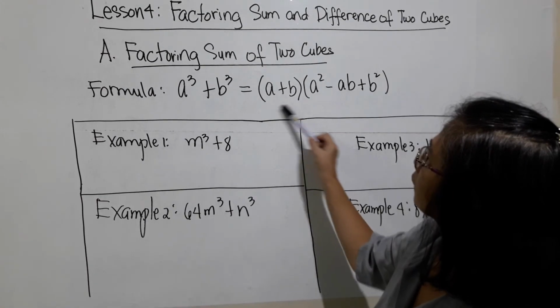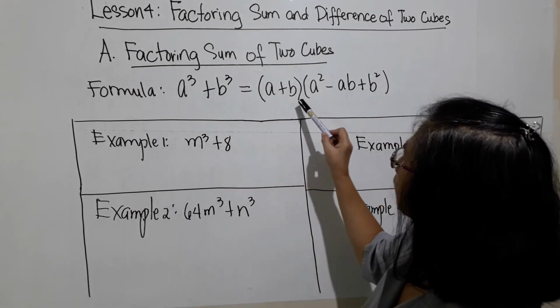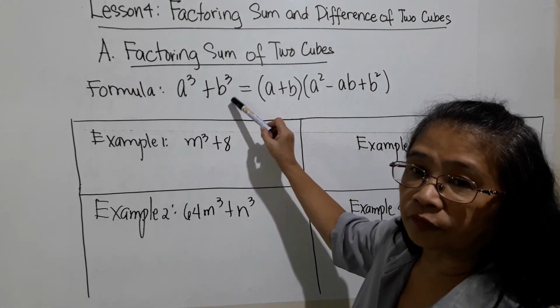The first factor can be obtained by getting the cube root of the first term and the cube root of the second term for b.